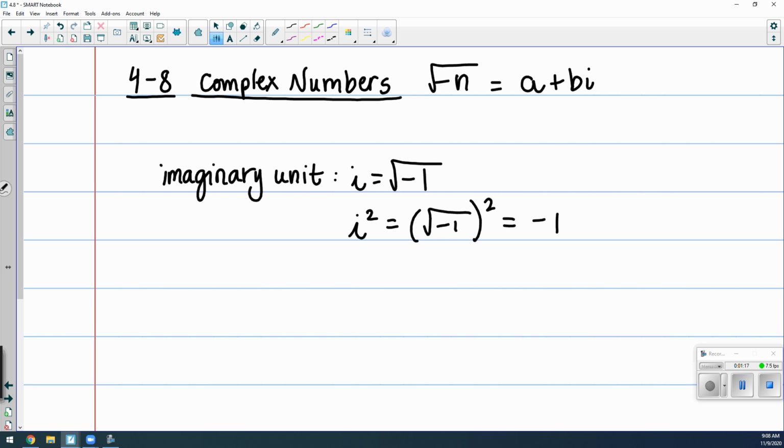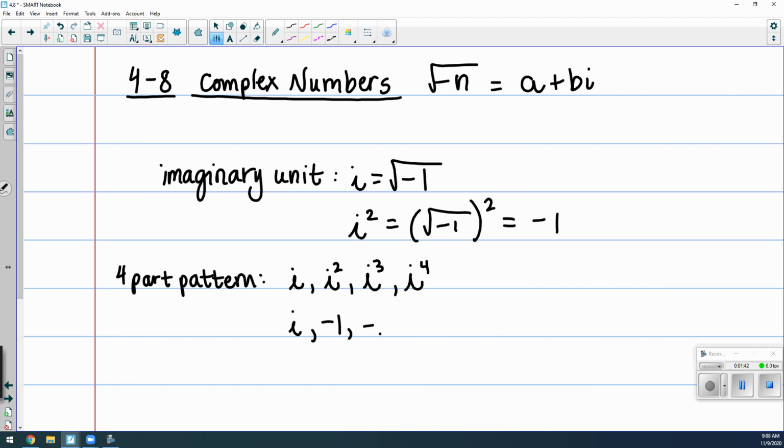So the cool thing about imaginary numbers is that they show up in a 4-part pattern. And that 4-part pattern looks like i to the first, i squared, i to the third, and i to the fourth. Well, we already know that i is just i, and we know that i squared is -1.